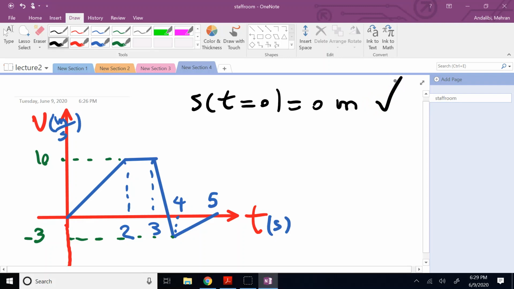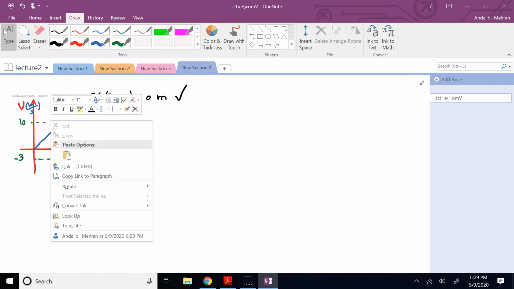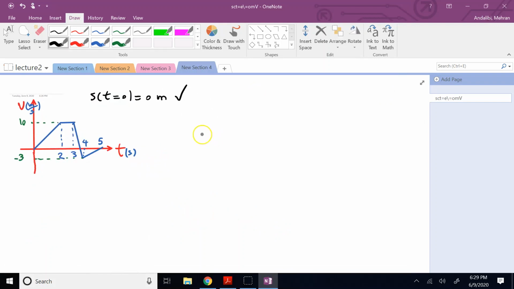Now I say, first of all, what is the velocity of the object, instantaneous, at time t equal 2.5 seconds? What is that? Then I say, what is the average velocity between 2 seconds and 4 seconds?